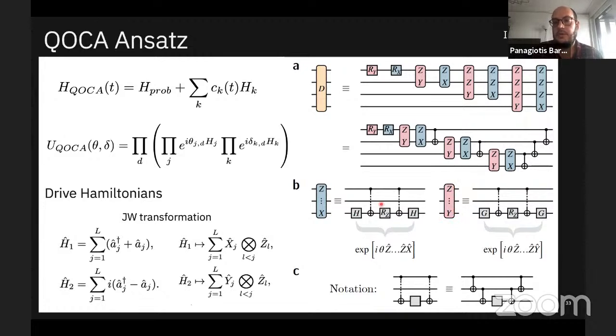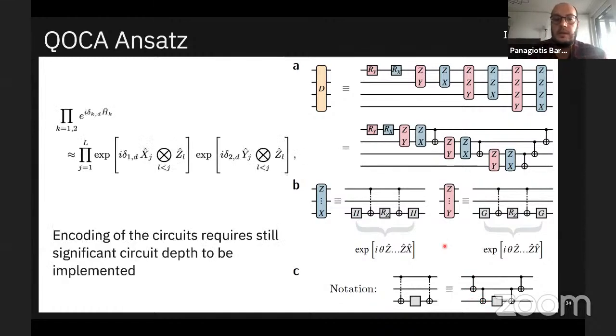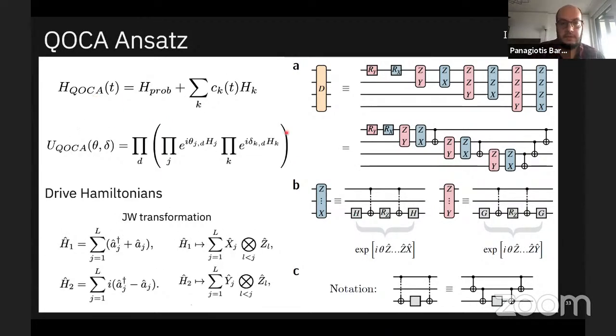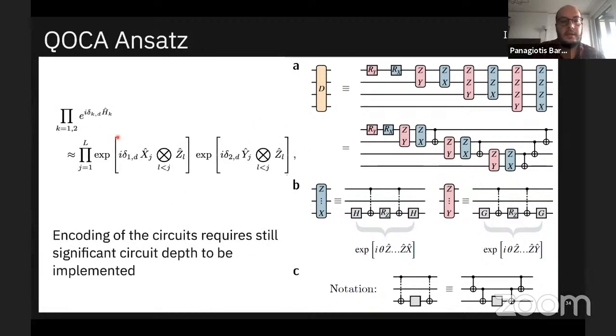Again, note that we have the same notation as in the case of the unitary coupled cluster, where the dashed line controlled-NOT gates correspond to a ladder of CNOT gates starting from the top qubit and going to the very bottom. In general, the drive Hamiltonian, so the second part of this equation here, is written in the form that we have here.